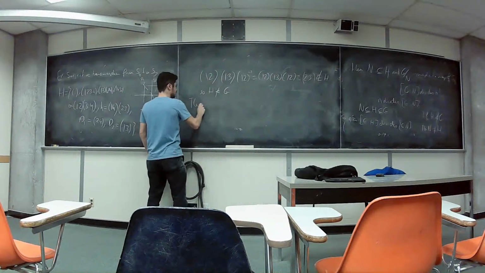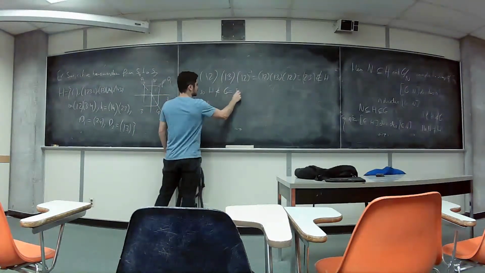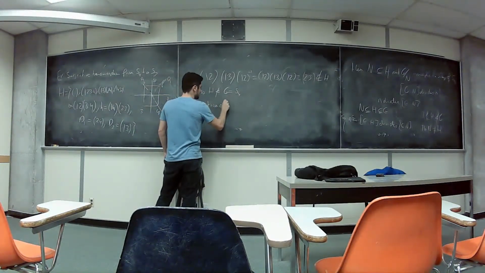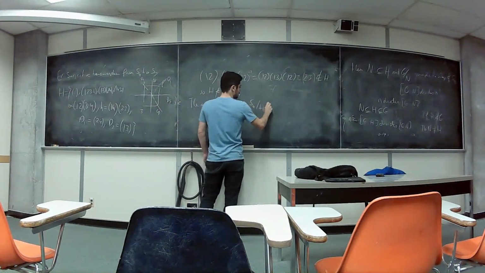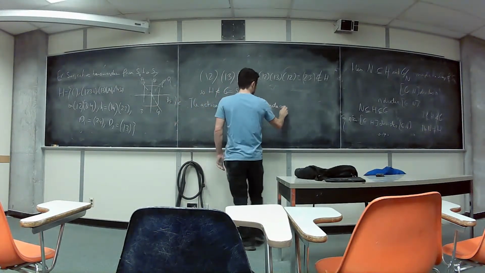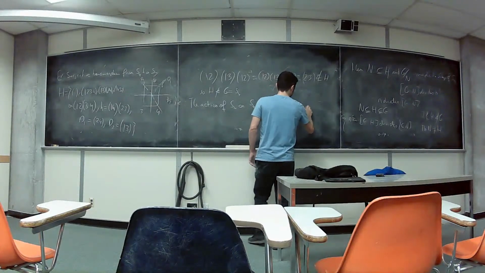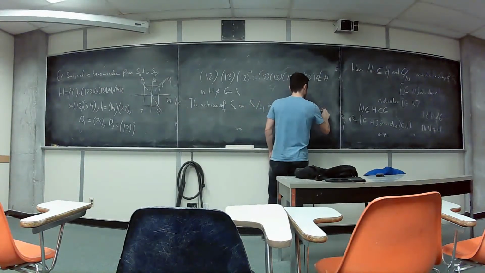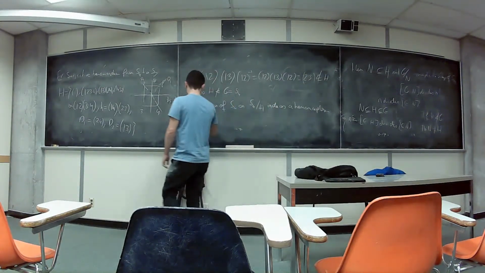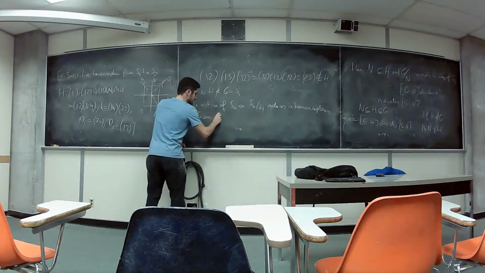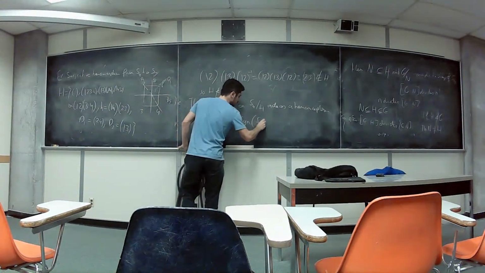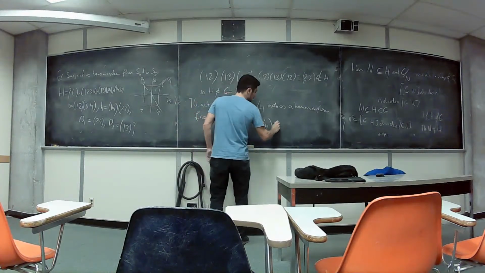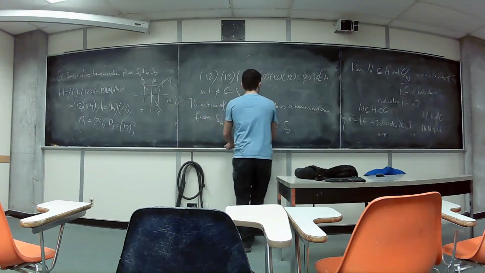So the action of S4 on S4 mod H induces a homomorphism from S4 to the symmetric group of S4 mod H, that is isomorphic to S3.